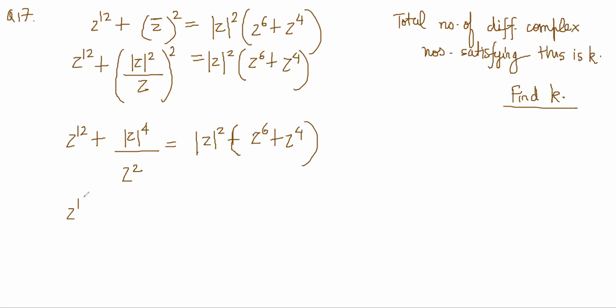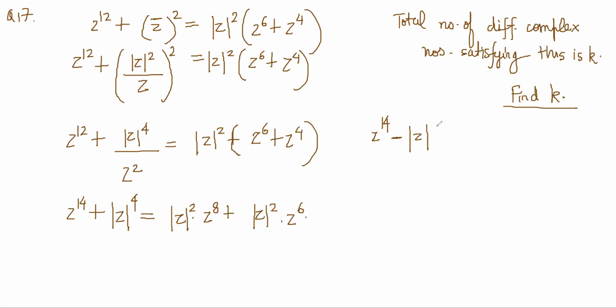So this becomes z power 14 plus mod z power 4 is equal to mod z square into z power 8 plus mod z square into z power 6. So I'm getting an equation z power 14 minus mod z square z power 8 minus mod z square z power 6 plus mod z power 4 is equal to 0.